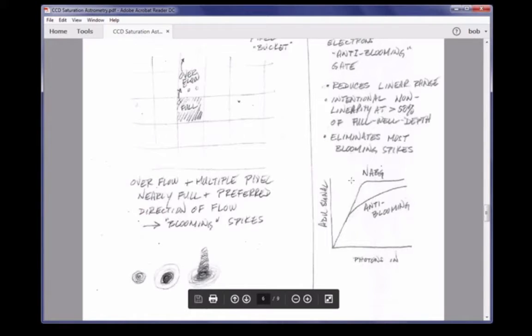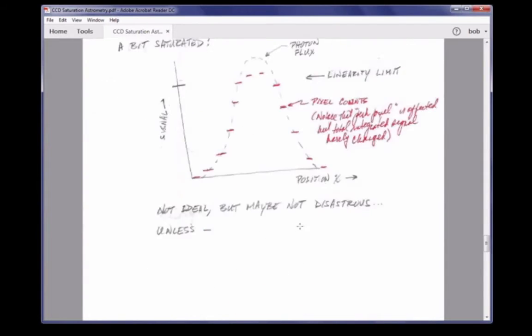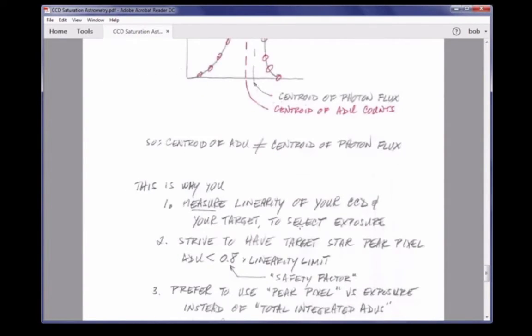This linearity curve, wherever the curve starts to turn over, that number of ADUs is a characteristic of the CCD. And so then you can say forever after, I know that my linearity limit is that many ADUs. Keep the peak pixel of stars of interest below that or below 80% of that. Nice. Just always check the FITS header to make sure they have not changed the camera on you in your last run. Yeah. Okay.